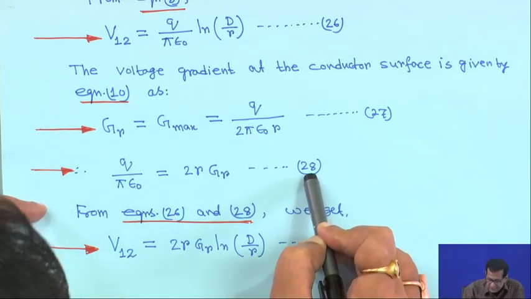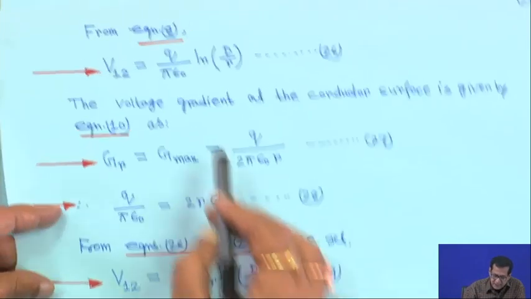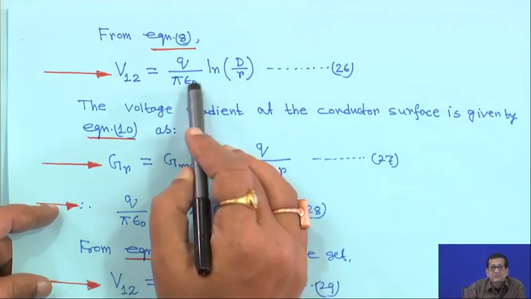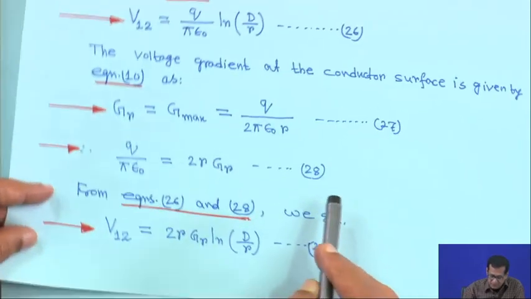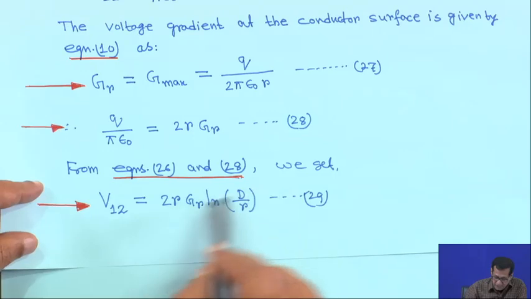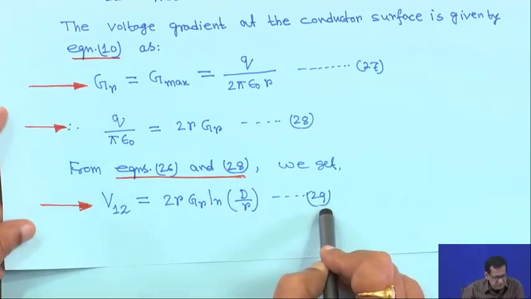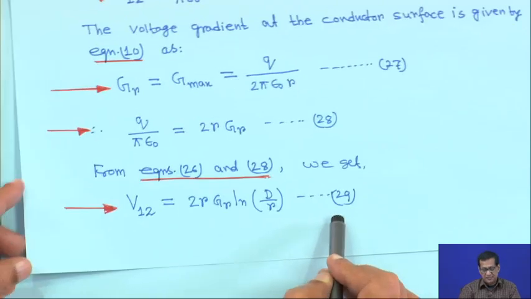This is equation 28, right. You substitute this in equation 26. From equation 26 and 28, we get V12 is equal to 2 R into Gr ln d upon R, this is equation 29, right.